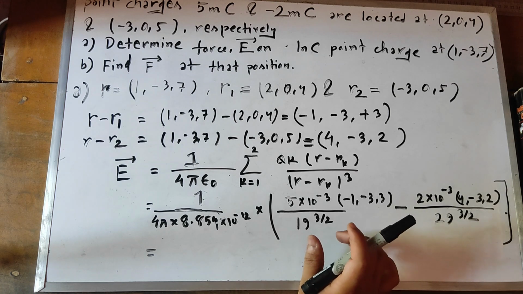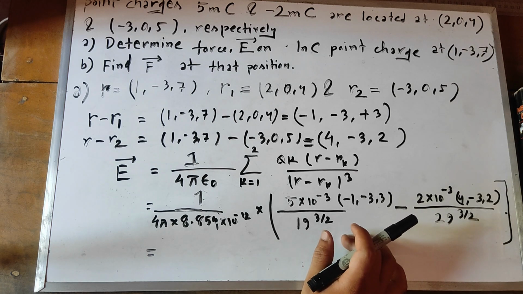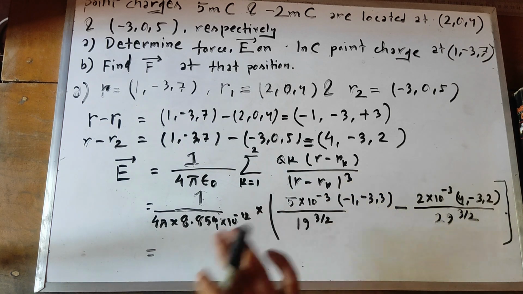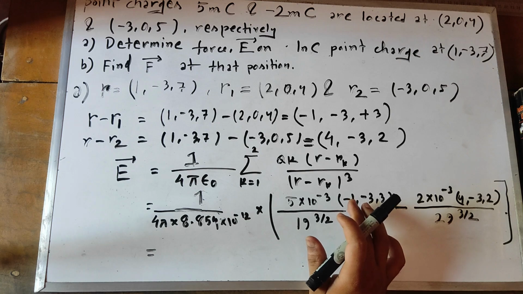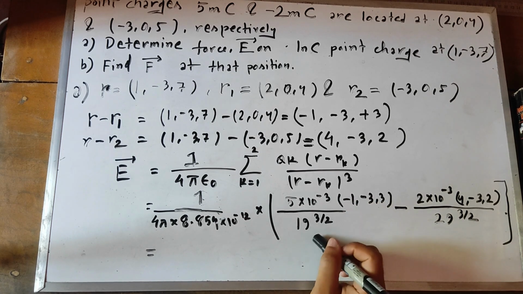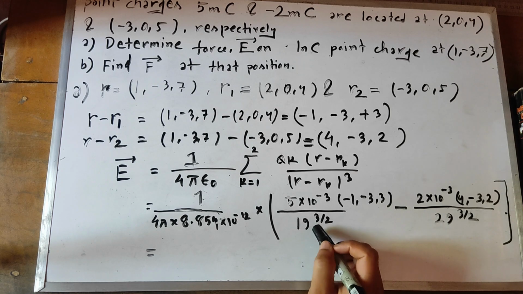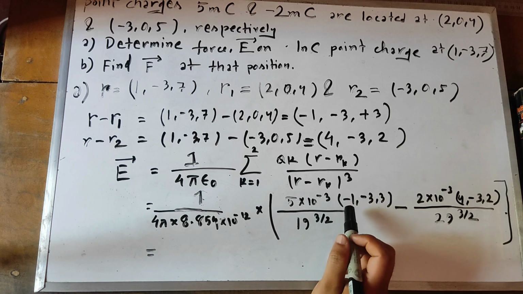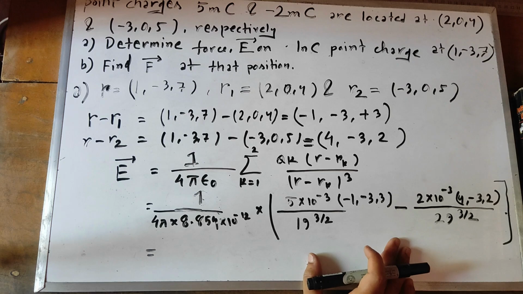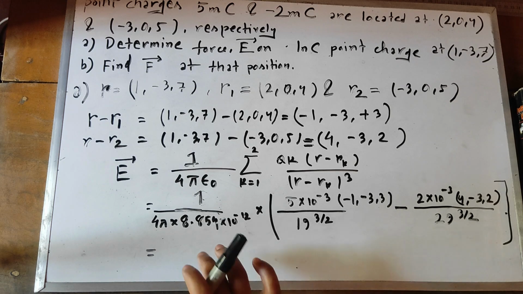So I have come to this point. Here I have just replaced the variables with their corresponding values, and this is what it looks like. You can understand that this is the magnitude of the distance squared with the vector and the unit vector. So this looks like this, and I'm just going to write the answer straight.